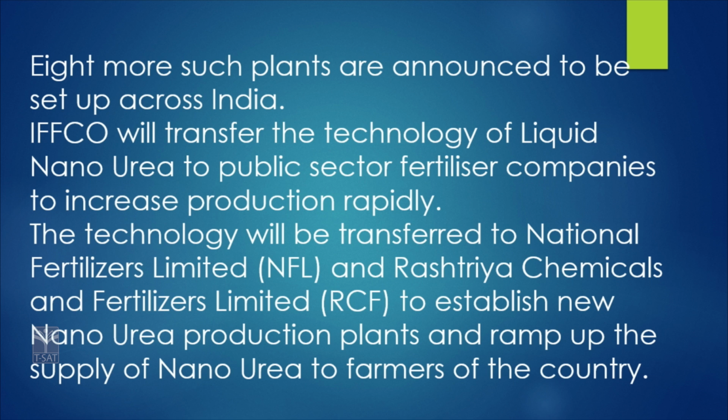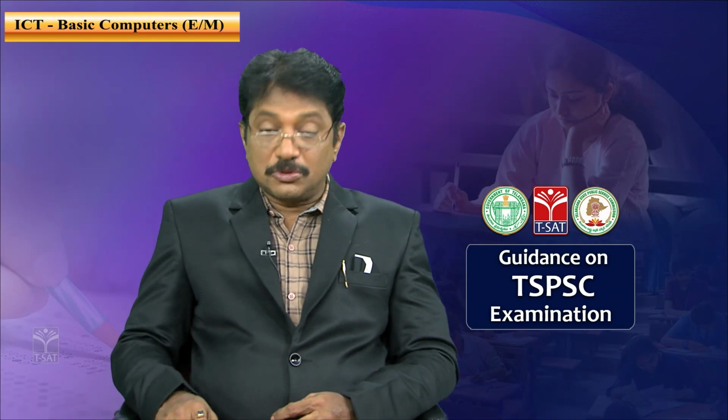This is one more important information. So, NFL and RCF, these two companies are also going to produce the nano urea liquid with the support of the technology transfer from IFFCO. This is one more development.